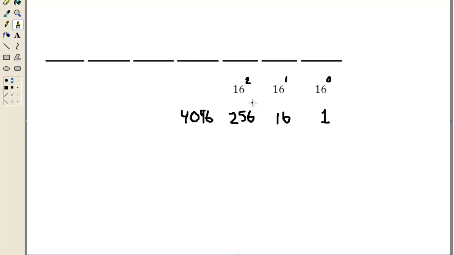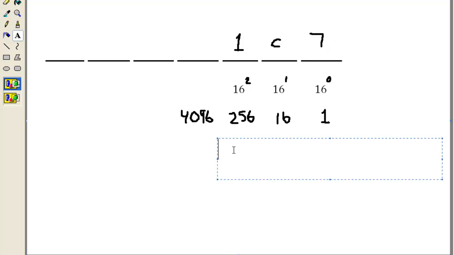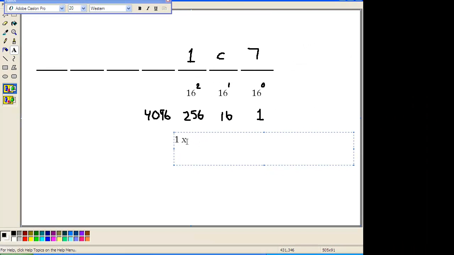Okay, so let's first start with converting from base 16 to base 10. Let's take a number. Let's do 1C7. Okay, now it looks kind of weird, but the basic premise is the same. So what we have is 1 times 256 plus C. Now, if you remember, A is 10, B is 11, C is 12.